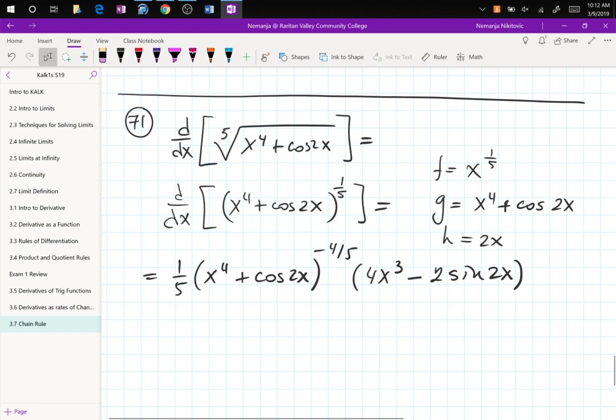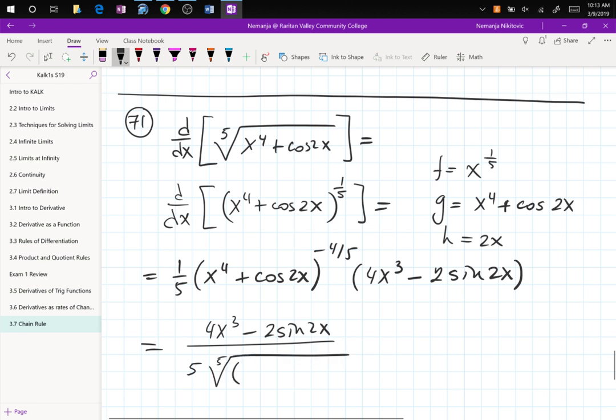So now just clean this up a little bit, not much you can do. 4x cubed minus 2 sine 2x divided by 5 times the 5th root of x to the 4 plus cosine 2x to the 4th power.